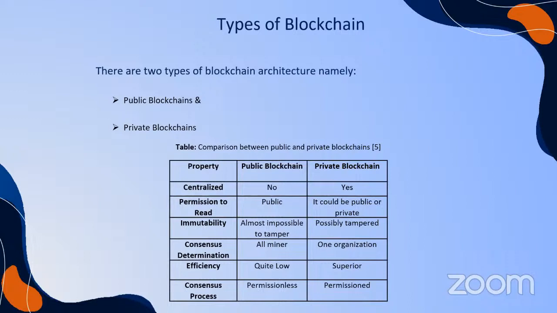Immutability is almost guaranteed in a public blockchain, since it is nearly impossible to tamper with, but in a private blockchain it is possible to tamper, as one organization can hold the power. In consensus, the determination is by all miners in public, and by only one organization in private. Efficiency is very low in public, and in private it is superior, being permissioned.